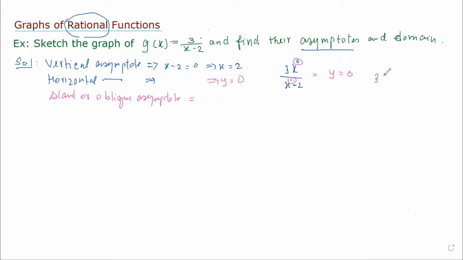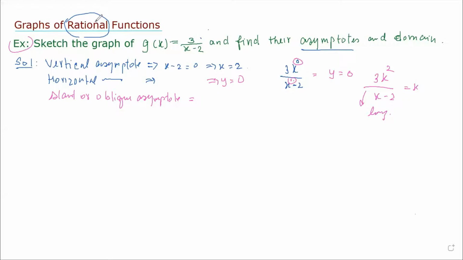For example, if I have x squared over x minus 2, we have a slant asymptote, which is y equal to x. How to get the slant asymptote, we talk about later; you can just do long division, which I think everyone learned already. In this example there is no slant asymptote, but there are vertical and horizontal asymptotes.